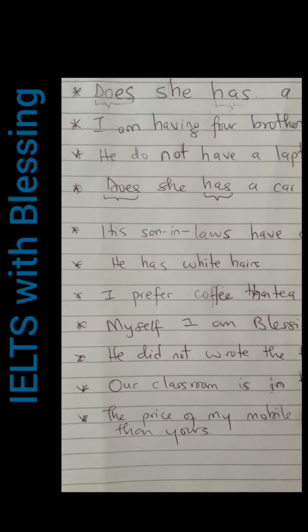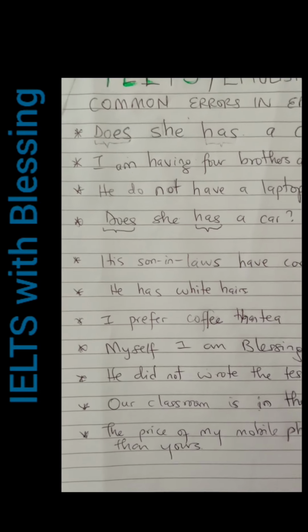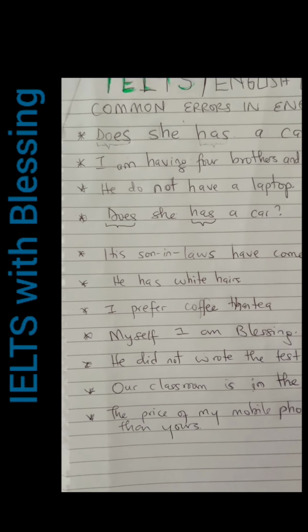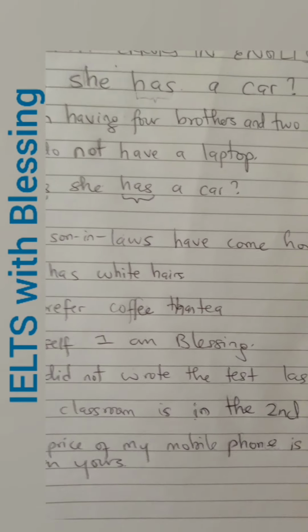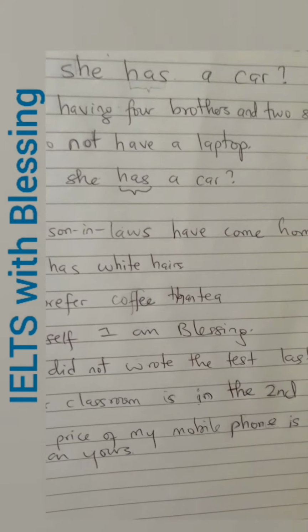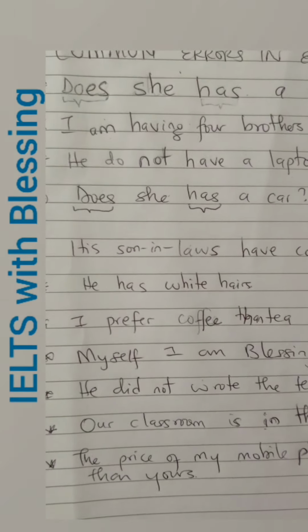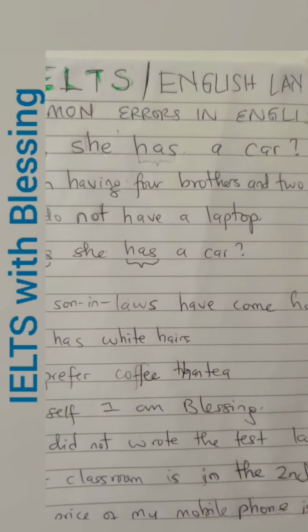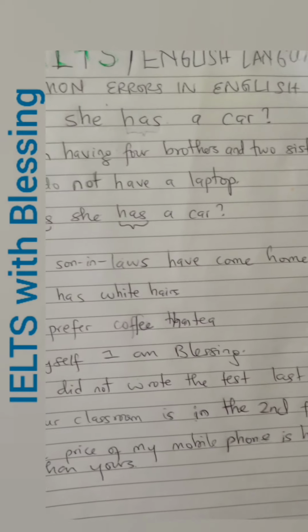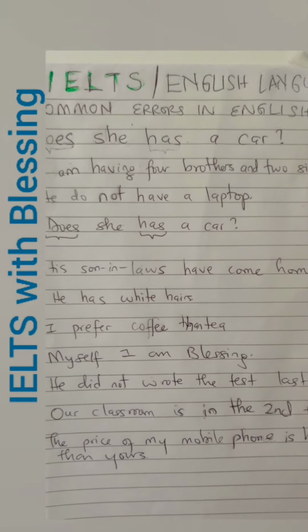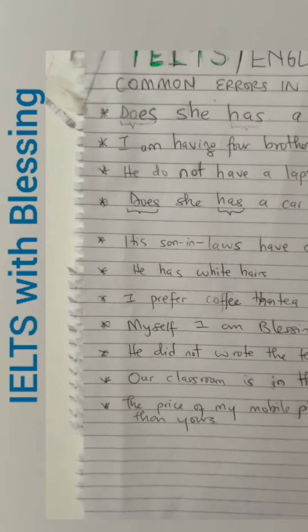So when you want to start a sentence with the helping verb, it will change the form of the verb that you will use as the main verb, especially when you are using the subject pronoun she.